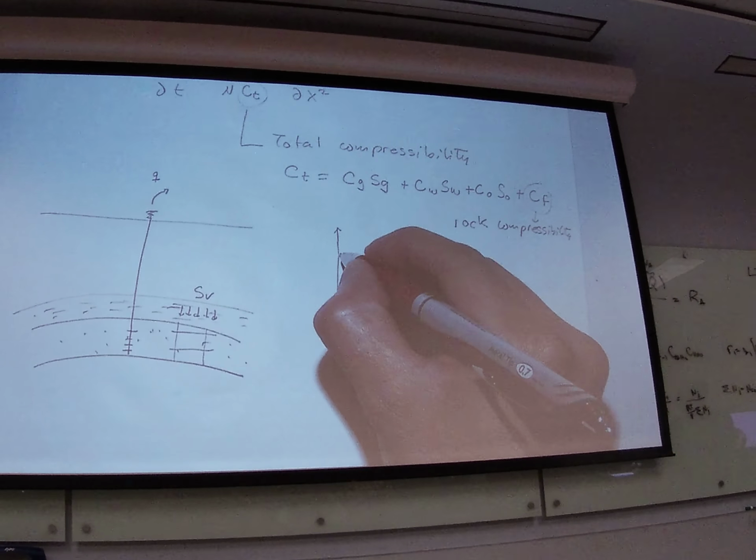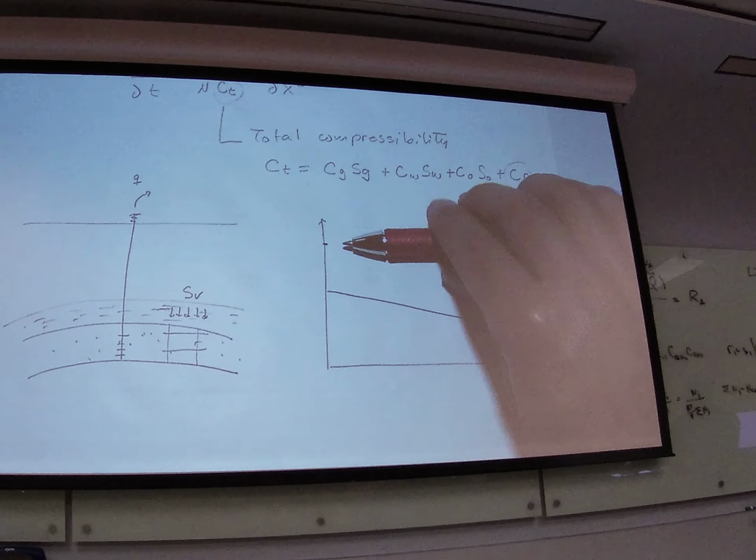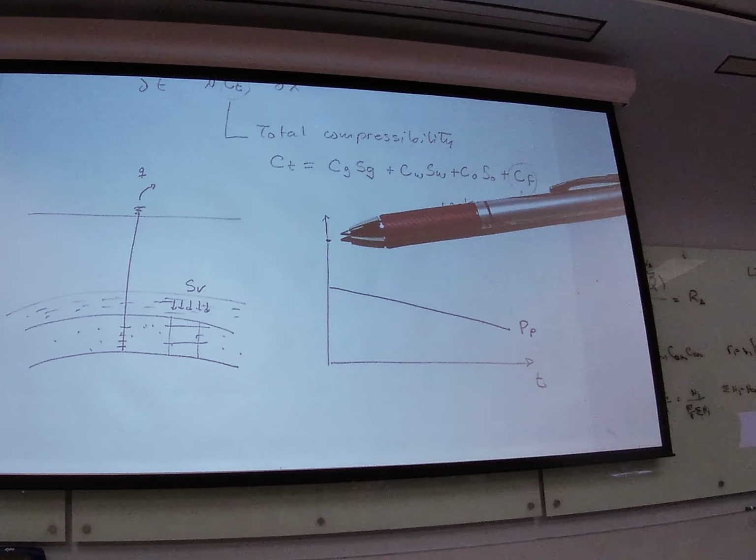And let's say that starts somewhere over here. My question is, what happens with SV with time? Does it change? Does it go up? Does it stay flat, or does it increase?